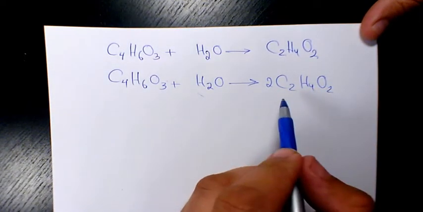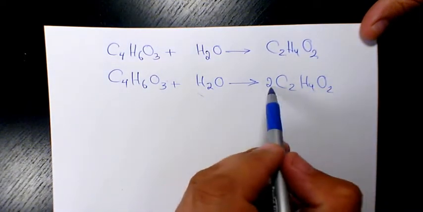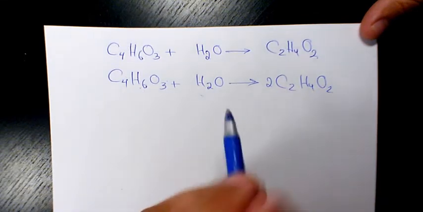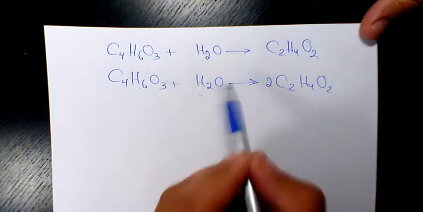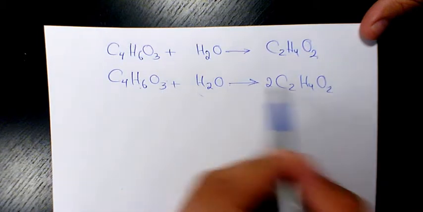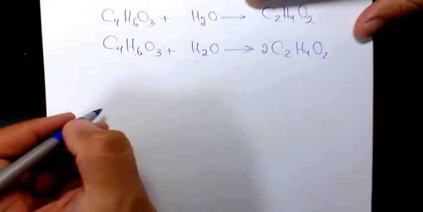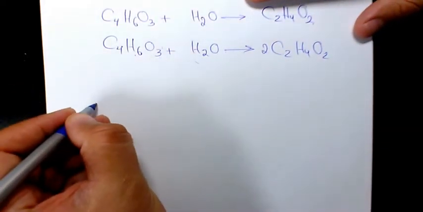What about hydrogen? We have 8 on this side. We have 6 and 2, 8 in here as well. So oxygen is 3 and 1, 4. 2 times 2, 4. So that's already balanced. Very good.